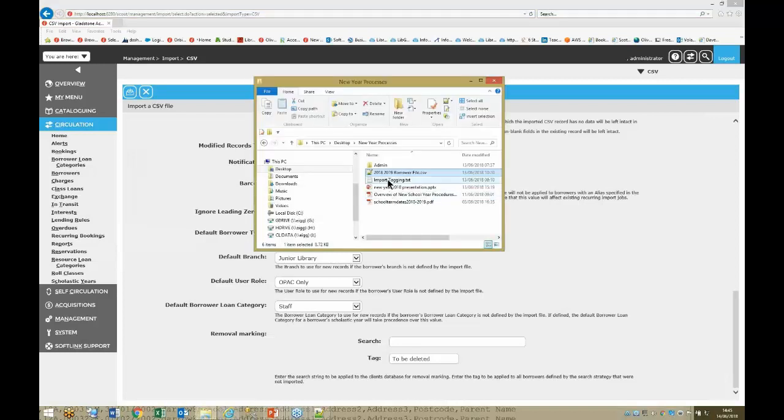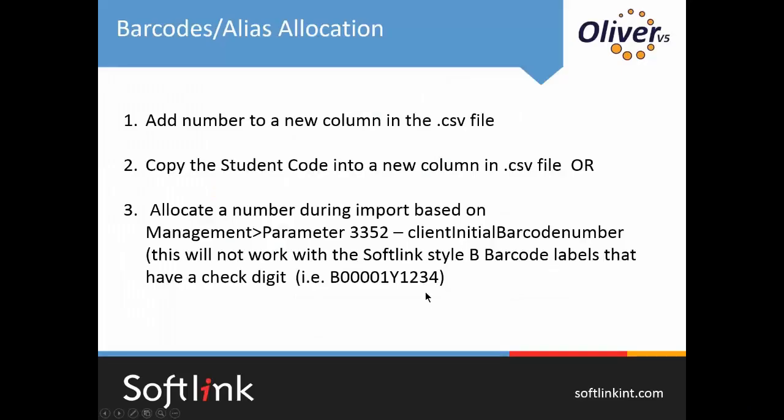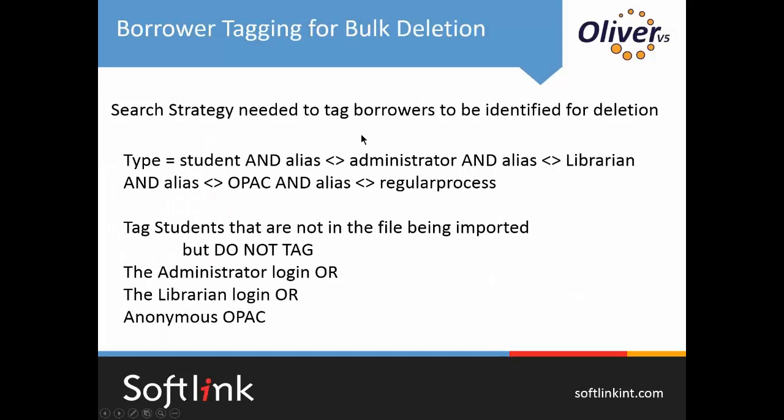So back to my details here, actually back to my presentation. So the search strategy is something like this. Type equals student. So we're mainly concerned with student borrowers here.